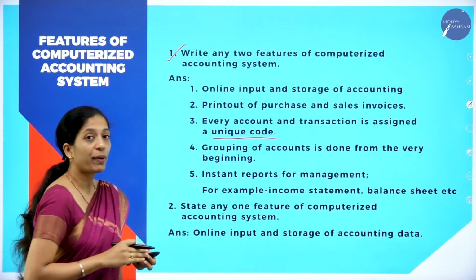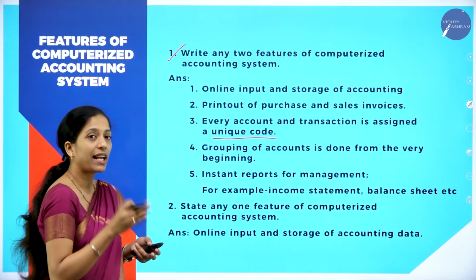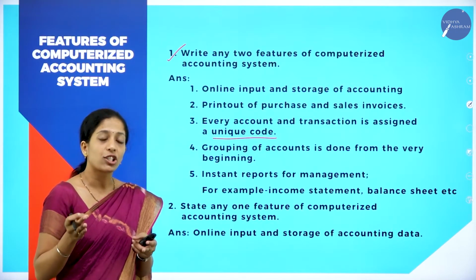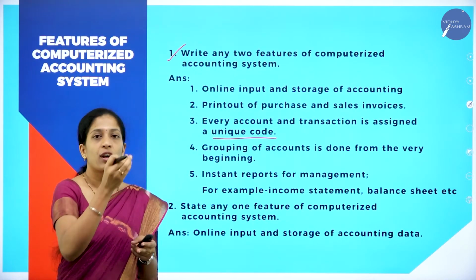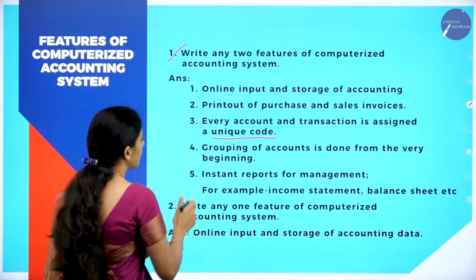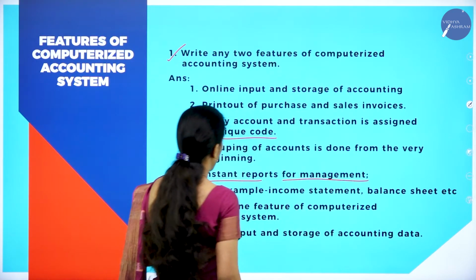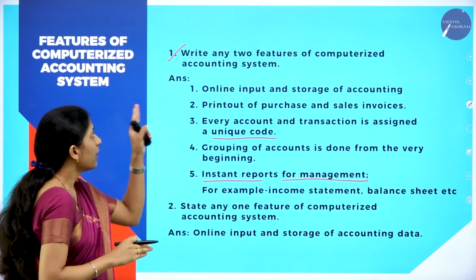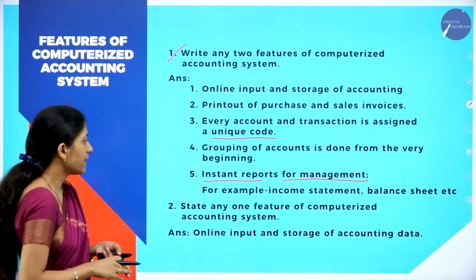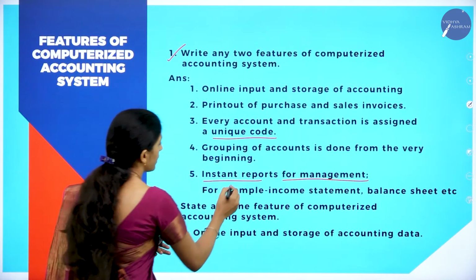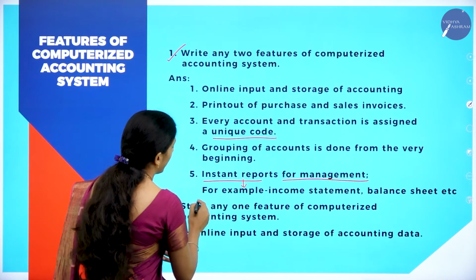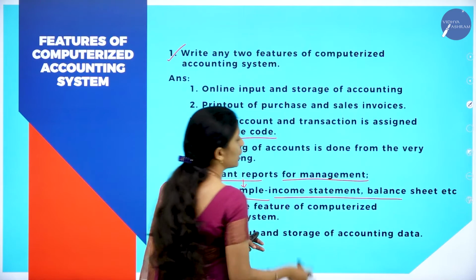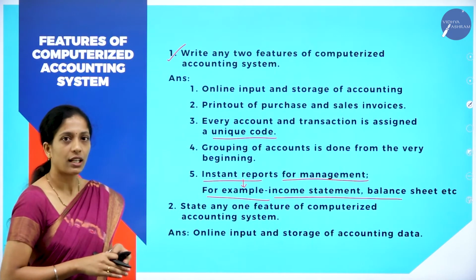That is grouping of accounts is done from the very beginning. So when the transaction takes place, from the beginning itself grouping takes place, then instant reports for the management. So these are the few features of this accounting information system. So here instant report, in the sense you might get an example also, that is income statement as well as balance sheet, etc.